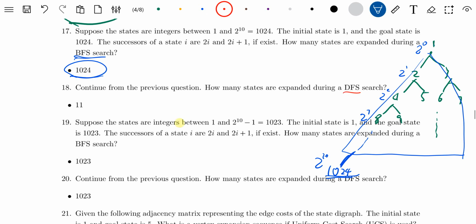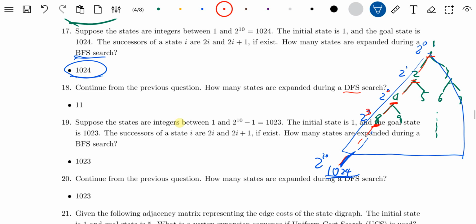However, for DFS, you just push 1, push 2, pop 2, push 4, pop 4, push 8, and so on. So basically, you are just doing this. So suppose we want to know how many states we expanded for 4, then we have expanded 1, 2, and 4, so 3 of them, and it's power 2, and 4 of them if it's power 3.